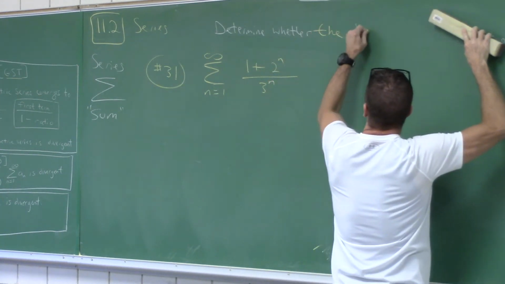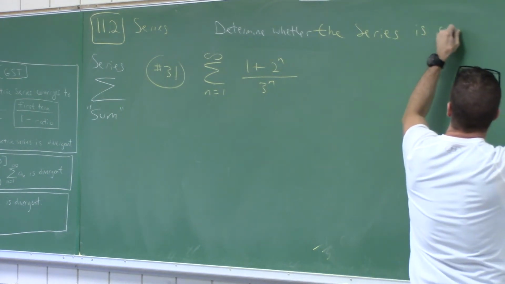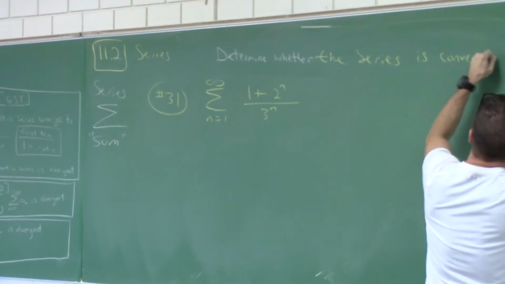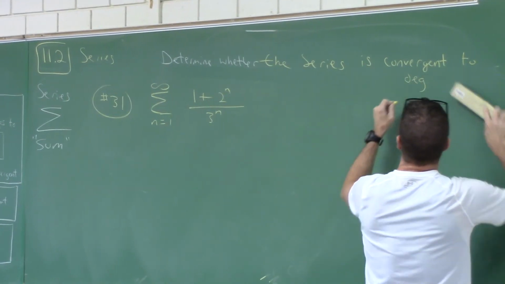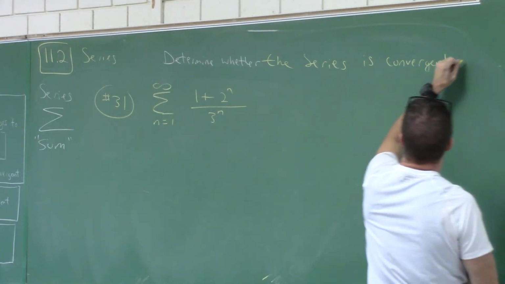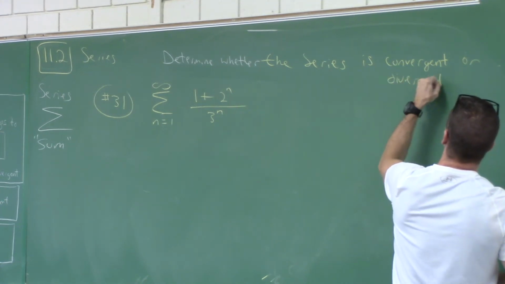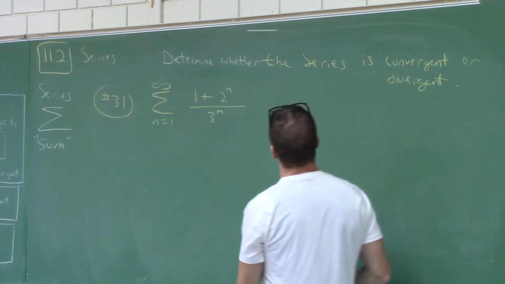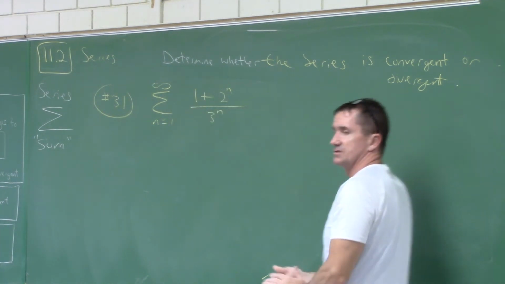Now they just write series. What's so cool about this, we just have to say whether it converges or is divergent. Oh, this is a blast. Determine whether the series is convergent or divergent.